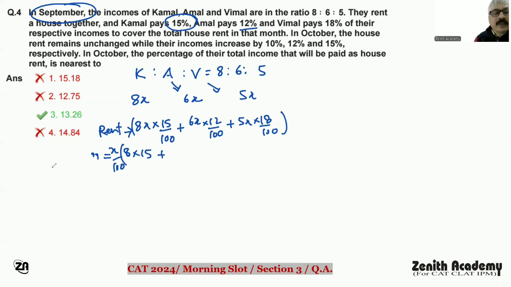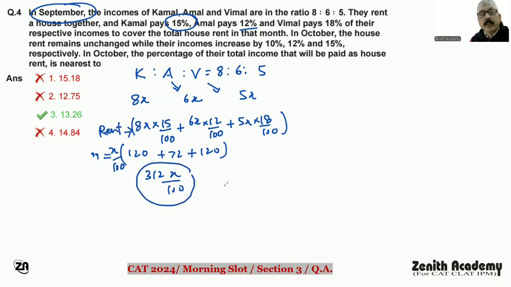And I can write directly. 15 8s are 120. 6 12s are 72, and here 120. So 120 plus 72 is 192, plus 90 is 282. x by 100. It is the total rent. Okay.